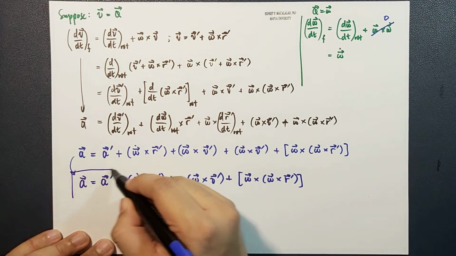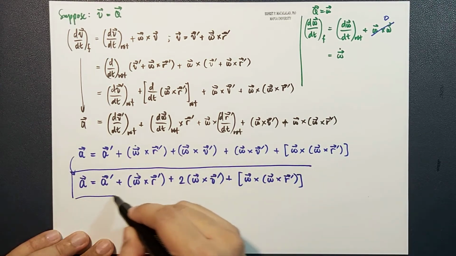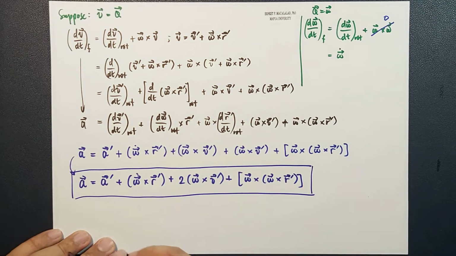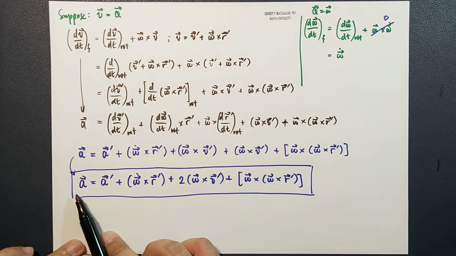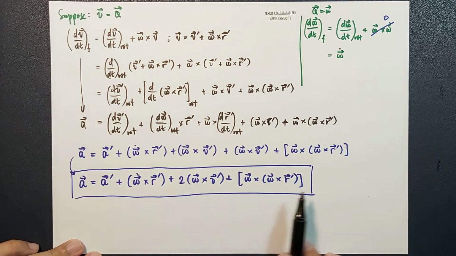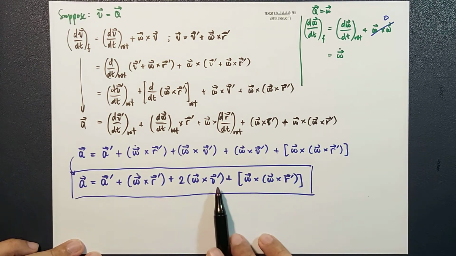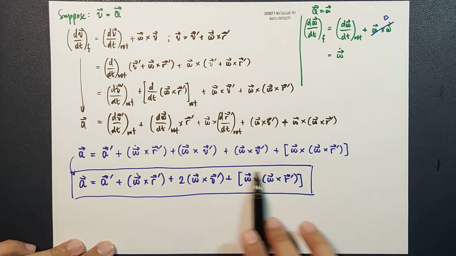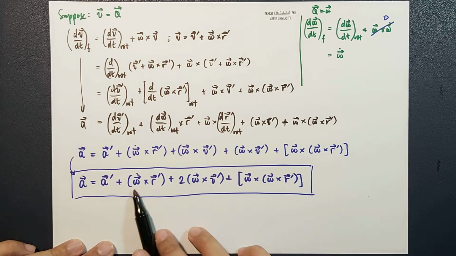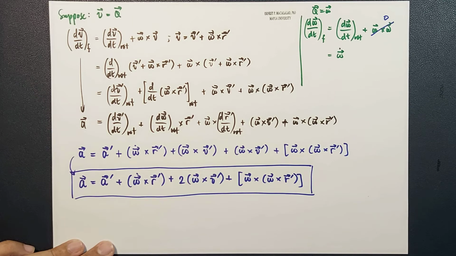So this expression provides us the acceleration in the fixed frame in terms of the position, velocity, and acceleration of your particle in the rotating frame. Of course, we are also considering the rotational velocity or the angular velocity of the moving frame.